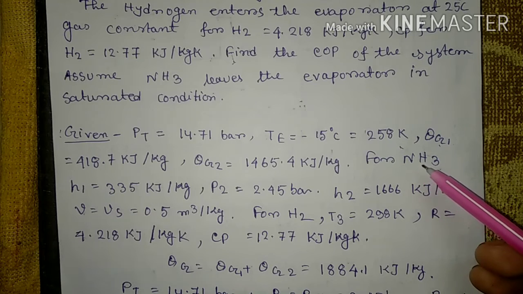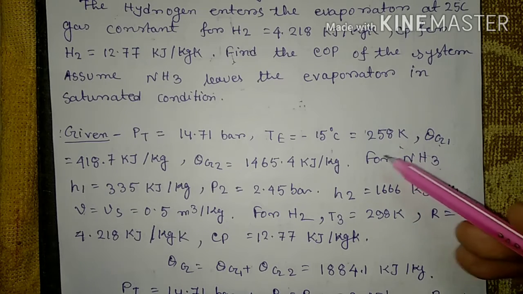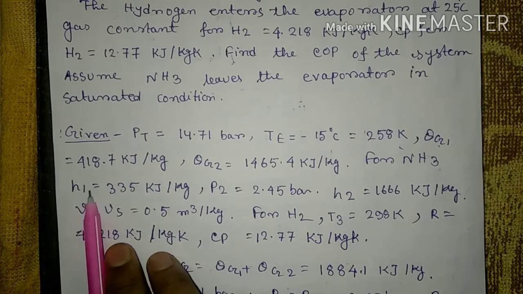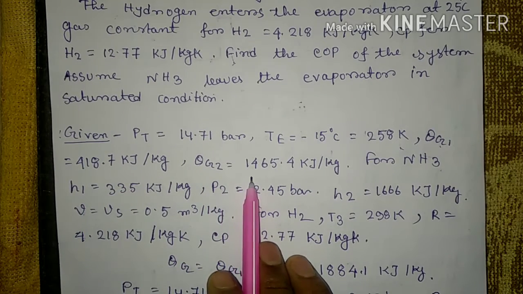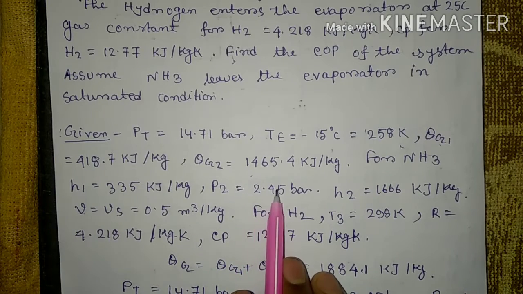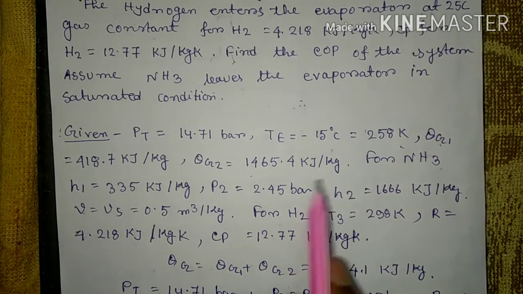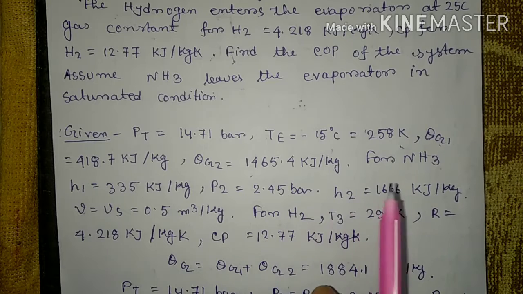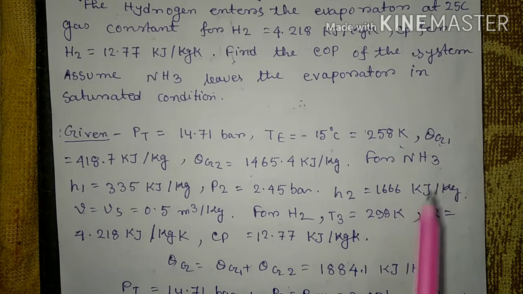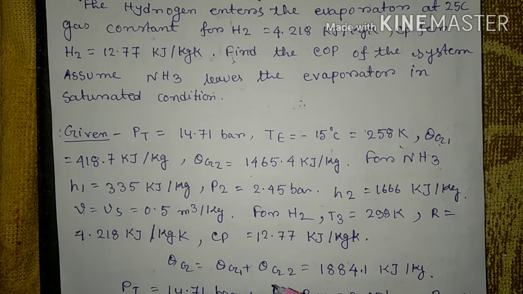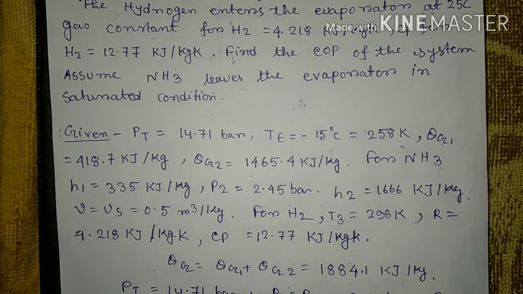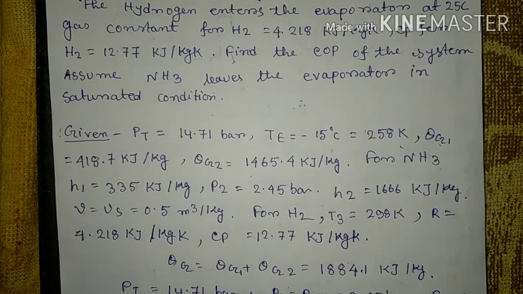that is 418.7 kilojoule, and another heat, QG2, that is 1465.4 kilojoule per kg, is given for increasing the total enthalpy of ammonia. So two types of heat are added in the generator, QG1 and QG2. The enthalpy of ammonia entering the evaporator is given as 335 kilojoule per kg, that means H1 is 335 kilojoule per kg.